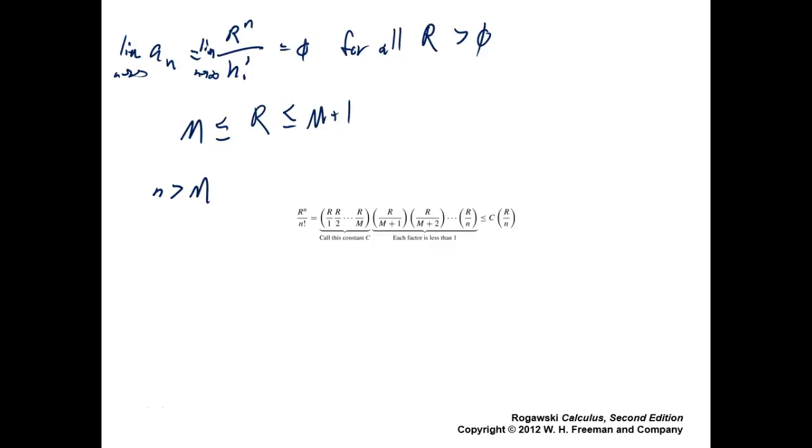And because all these are less than 1, the last one here, you multiplied it by something less than 1. So this number, the constant c times r over n, this last factor, because all the factors in between were less than 1, this thing has to be less than that thing. Okay? And you basically almost have your squeeze theorem in place now. As n goes to infinity, that's going to 0.